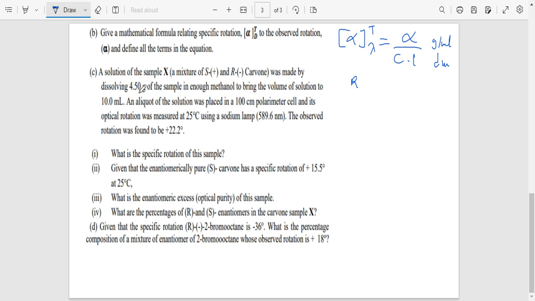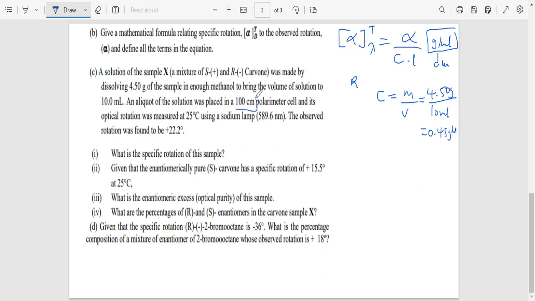So I've got a sample made by dissolving 4.5 grams of methanol in a volume of 10 mL. So I can find the concentration. The concentration is simply mass over volume, basically density. Look at the unit that we want to have. So the mass is 4.50 grams. We divide that by 10 mL, and this is going to give us 0.45 gram per mL.